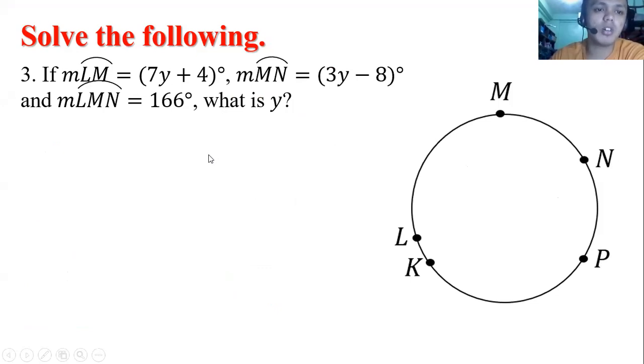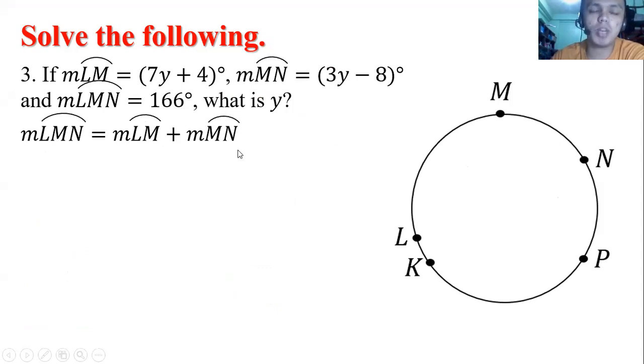Now, your LMN is equal to measure of arc LM plus measure of arc MN. Your LMN is 166, your LM is 7y plus 4, your MN is 3y minus 8. Find your y.